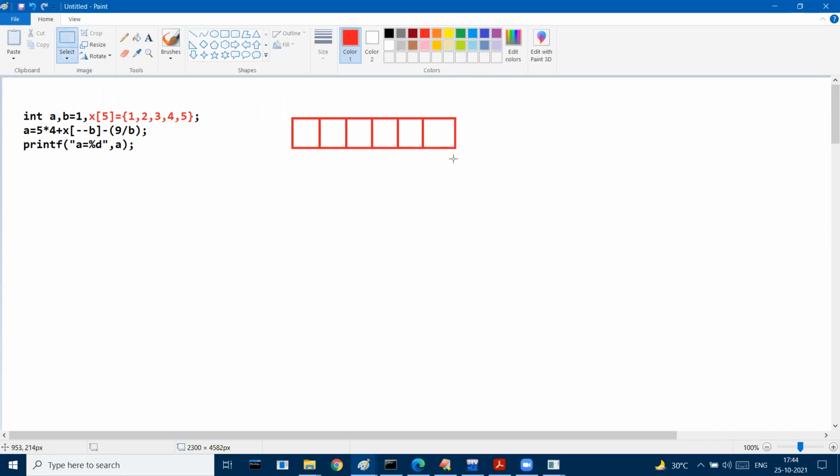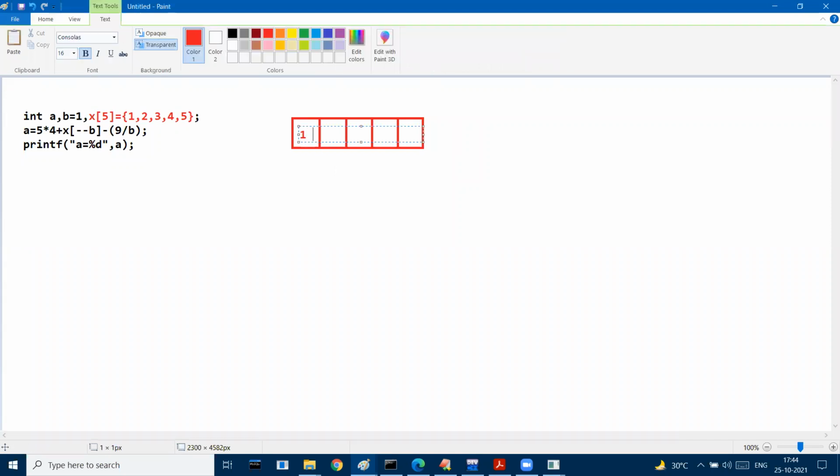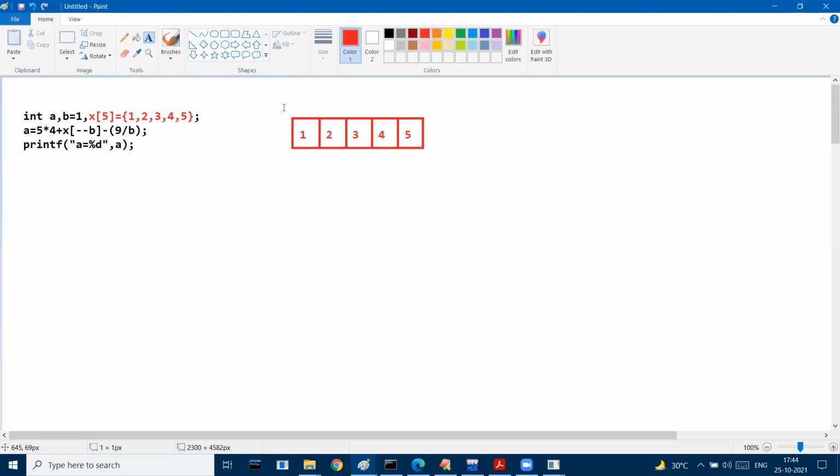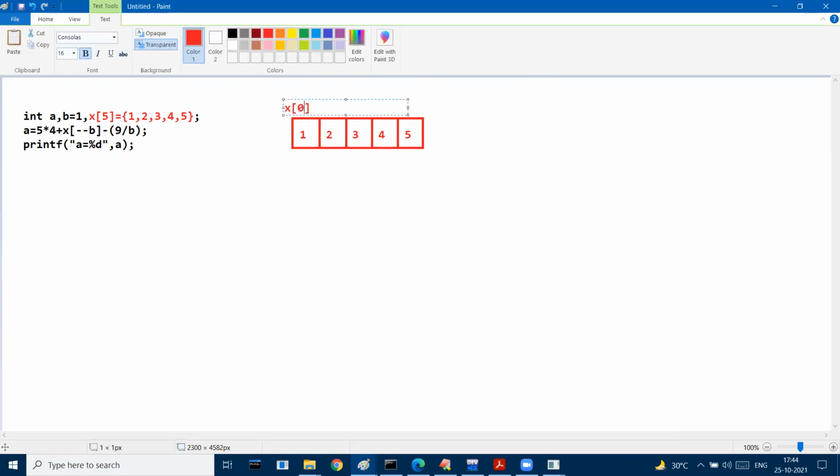Next, let me put the values 1, 2, 3, 4, 5. Now you know the location names: this is x0, x1, x2, x3, and x4. These are the locations.